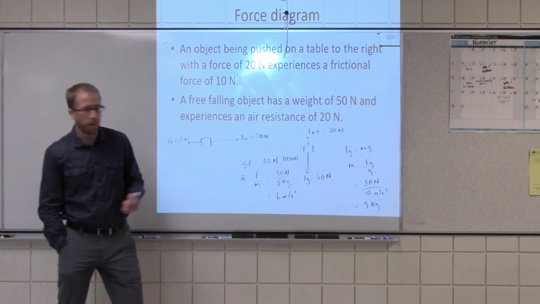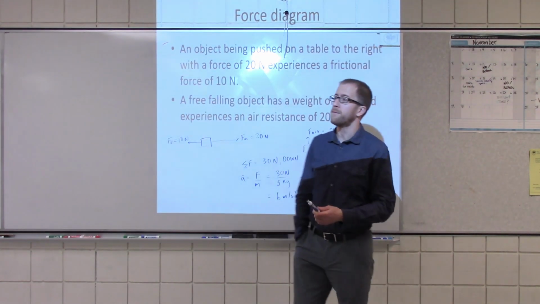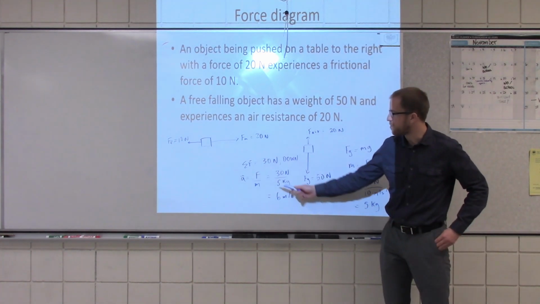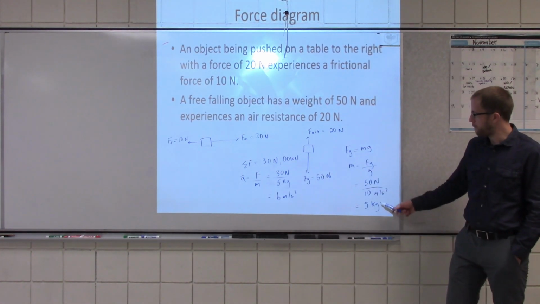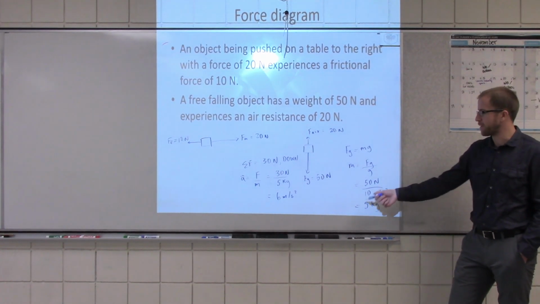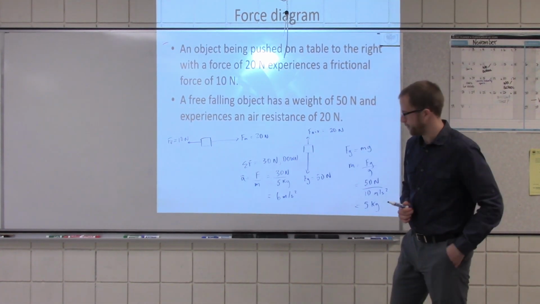So with a couple force factors, we can figure out a lot of information about our object. We can determine its acceleration, which is based on the net force, and we can figure out its mass. In fact, you have to figure out its mass to figure out the acceleration.